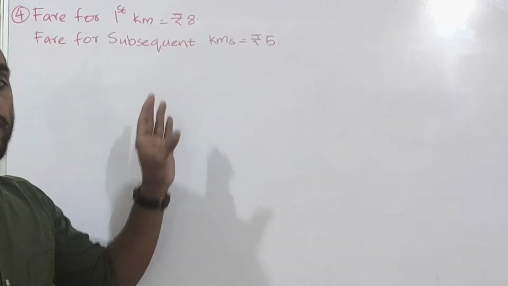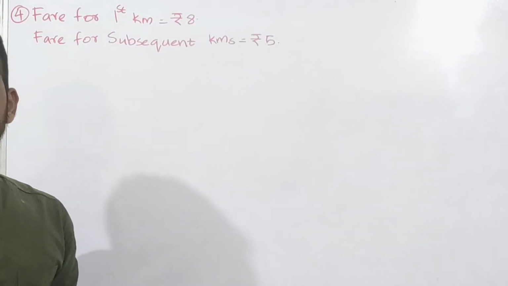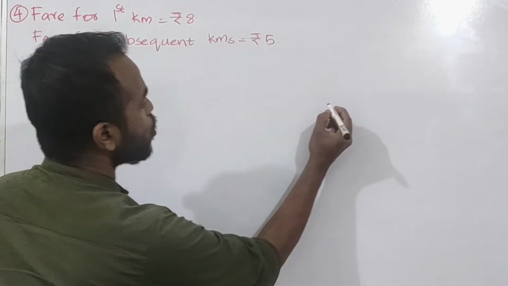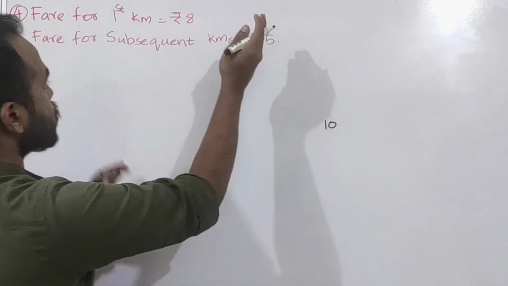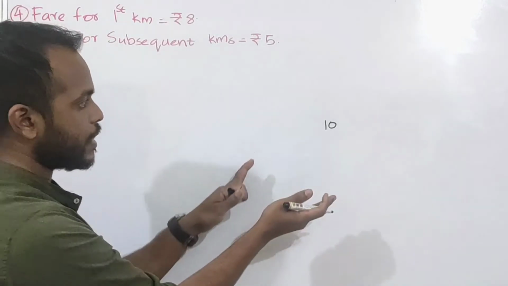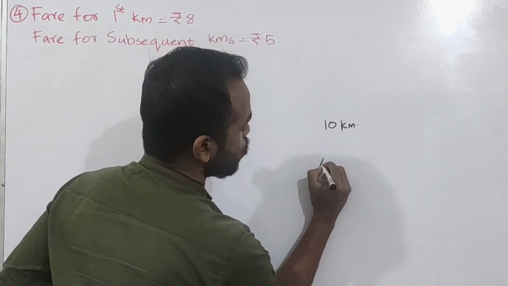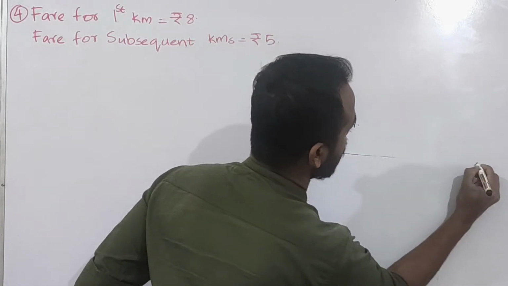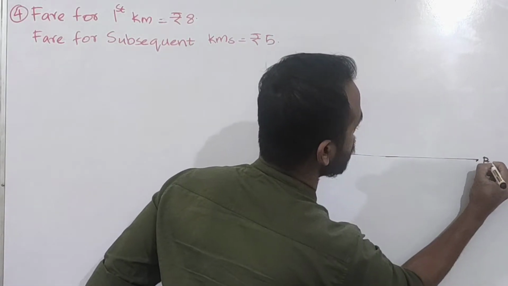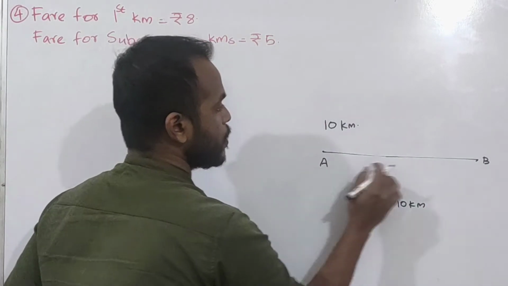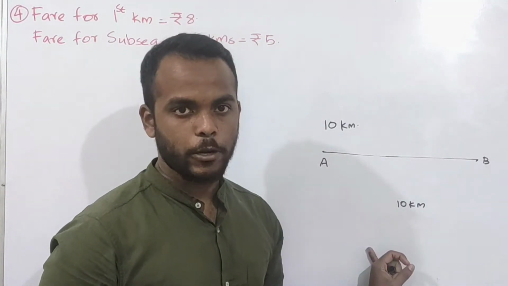Before answering this one, I will give you a short description of what this question is looking like. Suppose, this is not based on this question, this is a general one, the total distance covered is 10 kilometers. So we have a point A and the point B is situated 10 kilometers from A. So the distance between A and B is 10 kilometers.